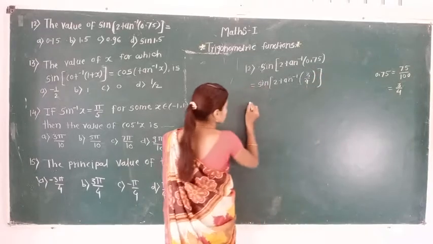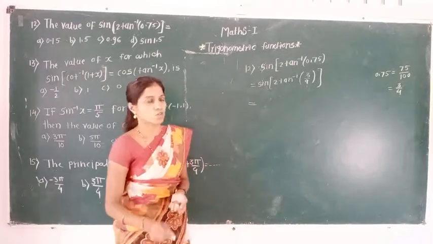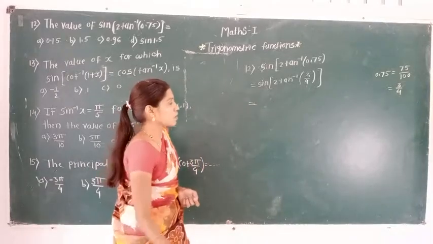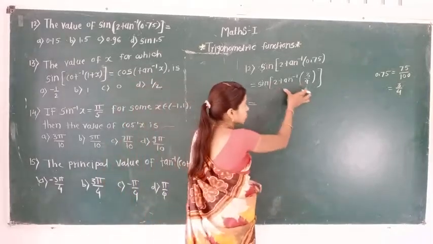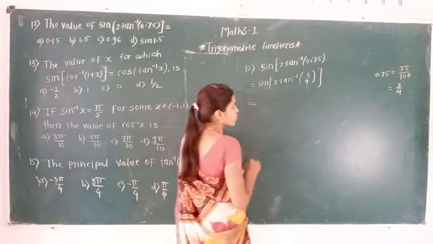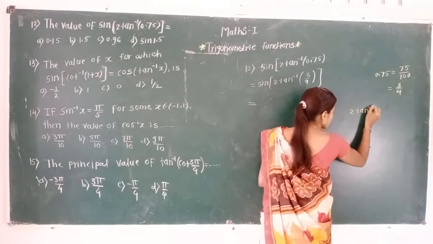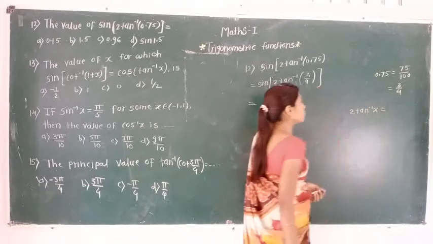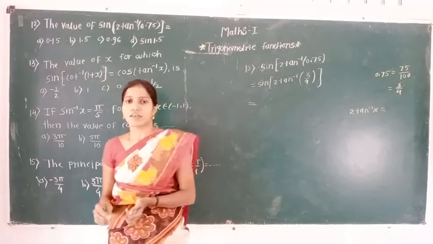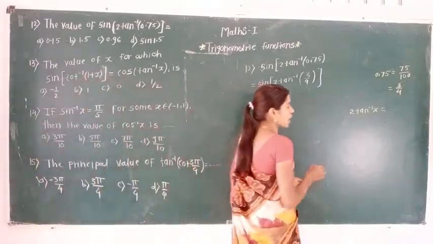Okay, so see here it is sine trigonometry. So our first step is to transform this bracket to the sine inverse function, but here we have 2 tan inverse x, and we know that 2 tan inverse x can be expressed in terms of sine inverse, cos inverse and tan inverse.